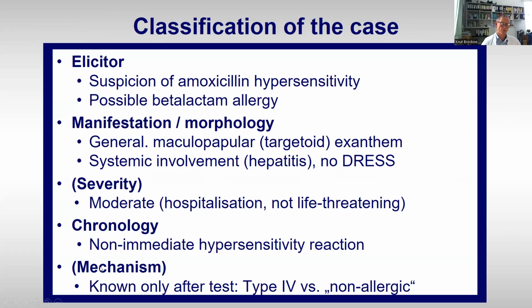So in terms of the mechanism, this is only known after the test. If you have a positive skin test, patch test, or delayed reading of intradermal test in this patient, you would have a type 4 reaction. If this would not be the case, you would describe it as a non-allergic T-cell mediated hypersensitivity reaction.